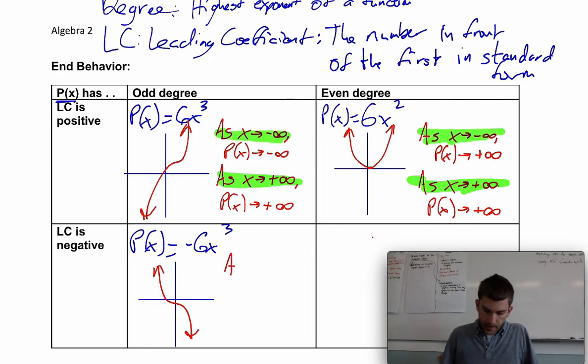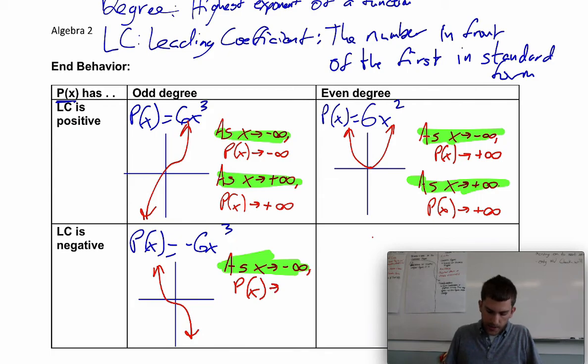We're going to say as x approaches negative infinity, and again, folks, that's something you should write every time you're writing these end behavior statements. As x approaches negative infinity, we're going to talk about this specific one. We're going to say this p of x, this polynomial, approaches, well, on the left side this one's pointing up. It's going up and up and up forever. So we're going to say p of x approaches positive infinity.